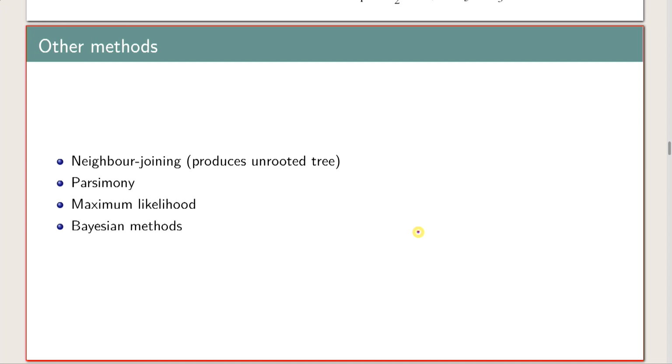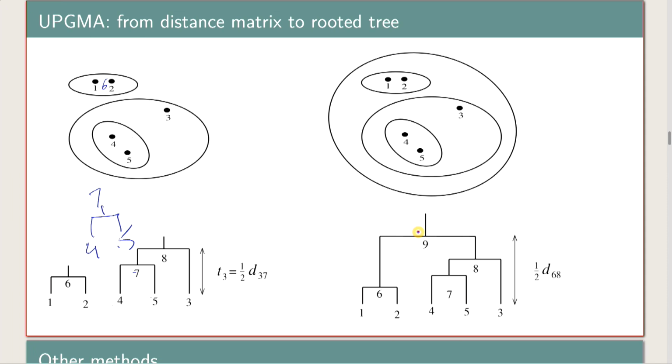There's a method called parsimony, which I won't talk about, but essentially it is, given the sequences at these leaves, can you infer the sequences at the nodes that result? So you're trying to guess both the topology of the tree and maybe the sequence of the nodes, but what you're trying to minimize is the number of mutations that you got from the ancestor to the leaves.